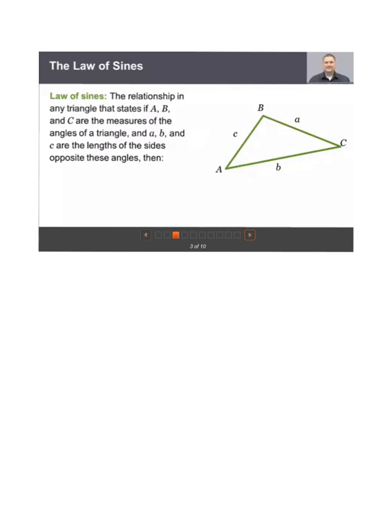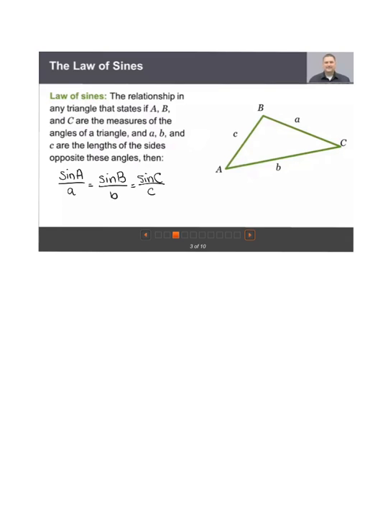So things to note about the triangle. Little a is always opposite angle A. Little b is always opposite angle B, and so on and so forth. And then the law of sines states that the sine of angle A over little a is equal to sine of B over little b is equal to sine of C over little c.